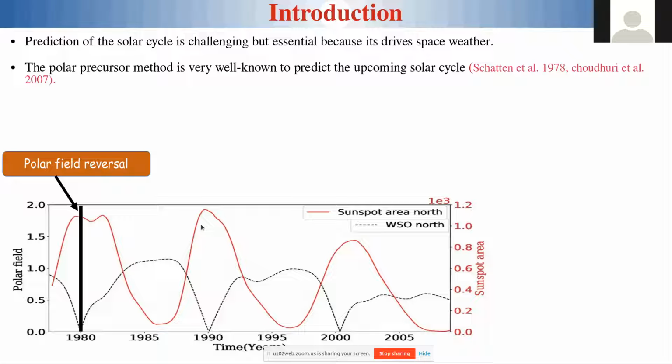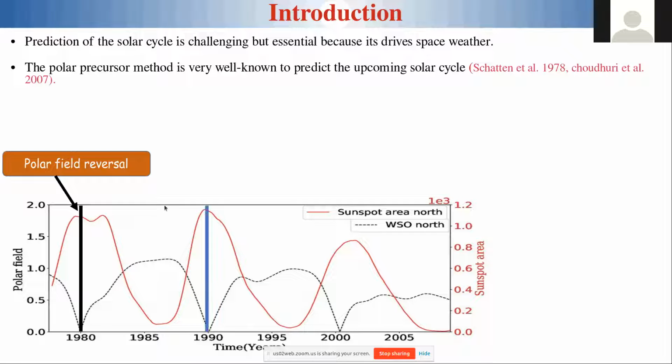Using this property, we predicted the next cycle amplitude. The black vertical line shows the time of polar field reversal, which we use in our analysis as a solar cycle landmark.